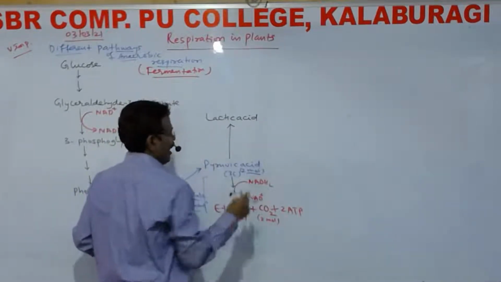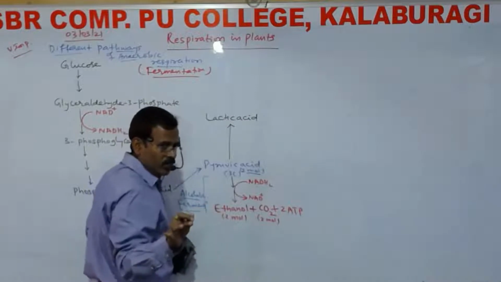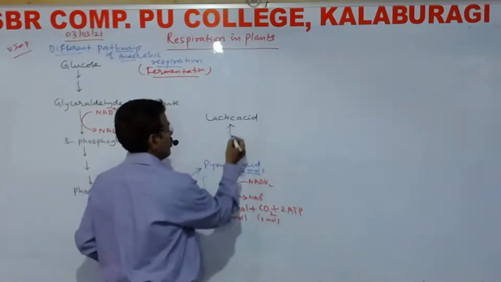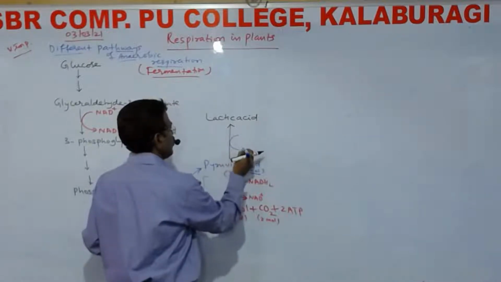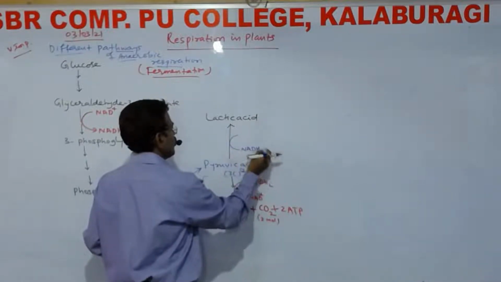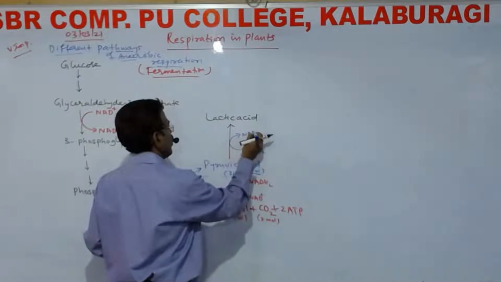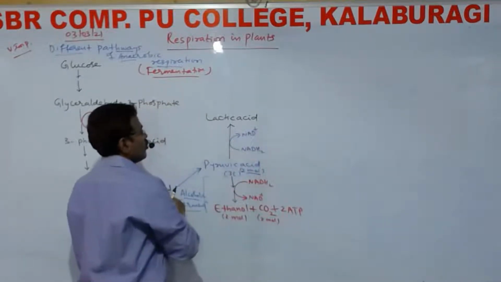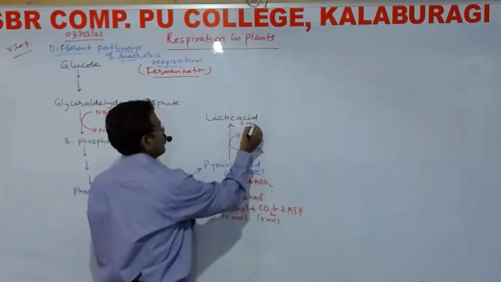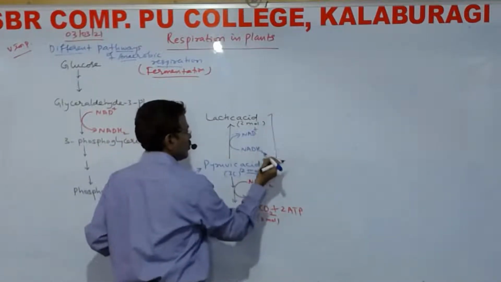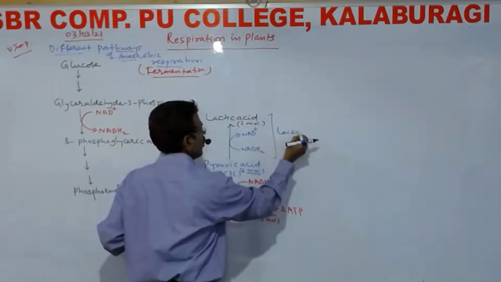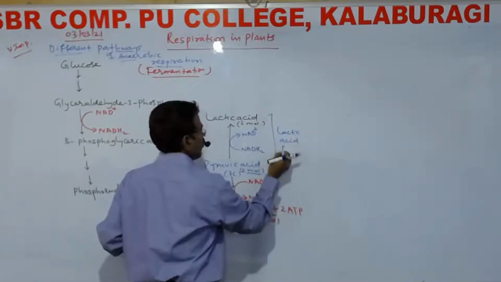So when lactic acid is formed, there is no liberation of carbon dioxide. So here NADH2 goes to NAD plus. So usually we get 2 molecules of lactic acid. This part we can refer to as lactic acid fermentation.